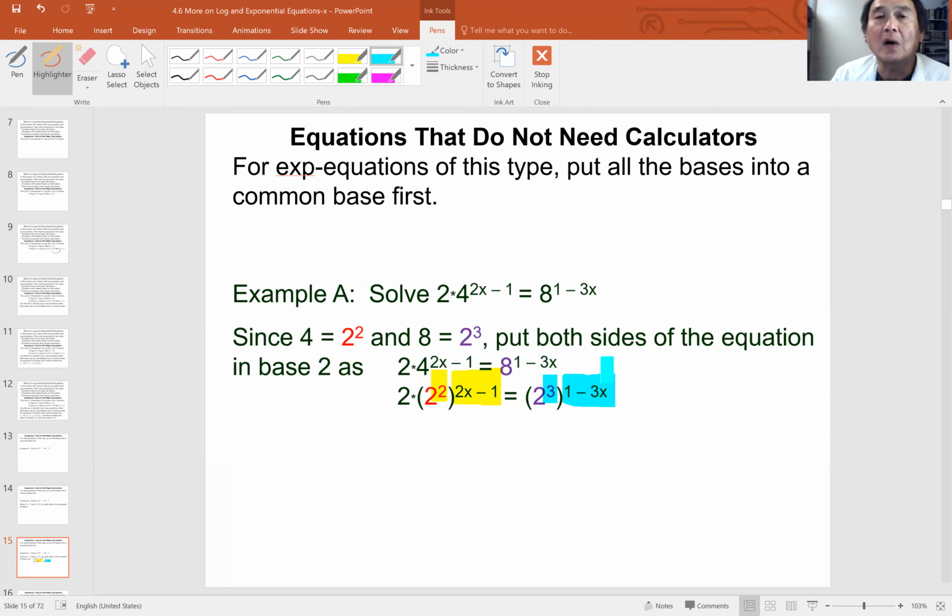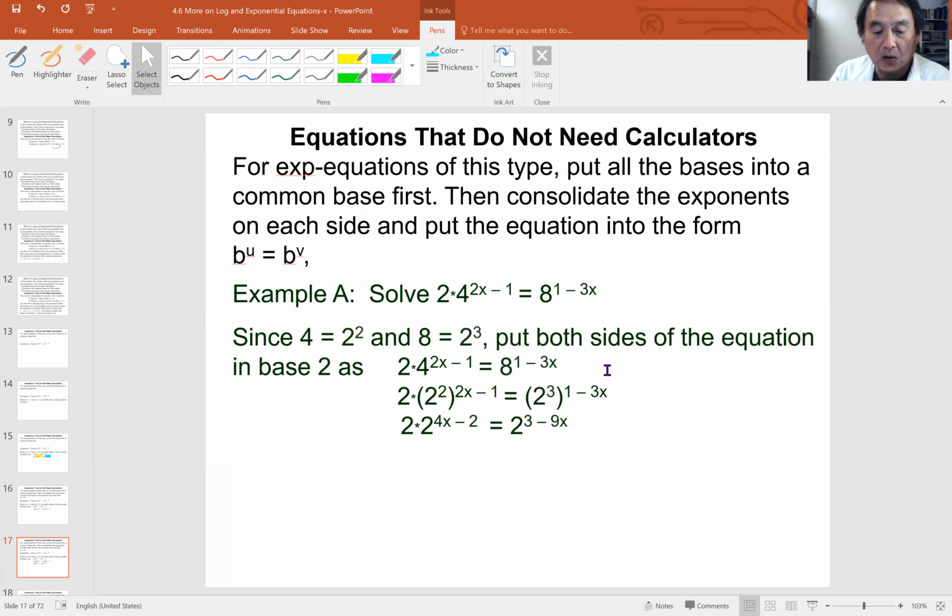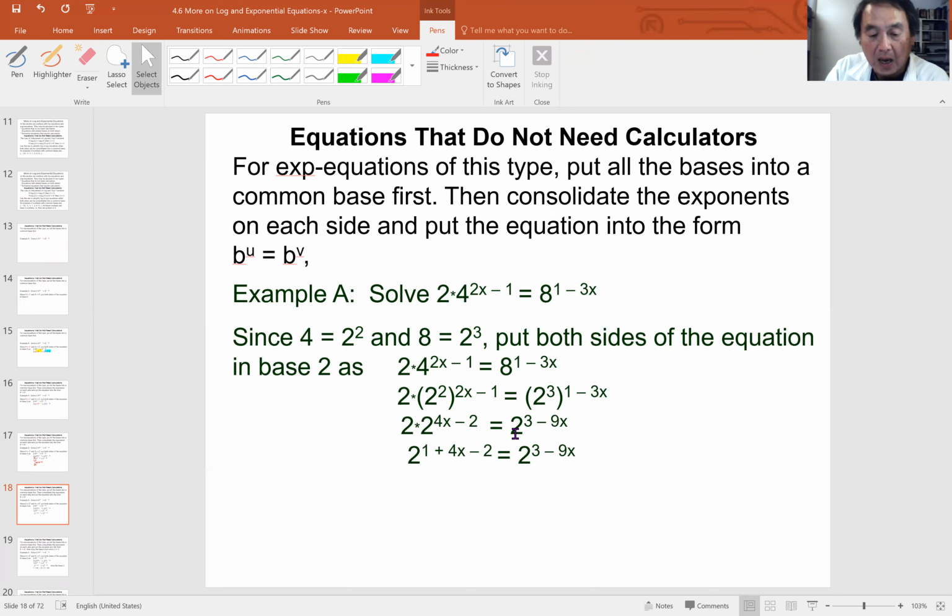Well, power to a power, I can multiply them, so those can be collected into 2 to the 4x minus 2, then 2 to the 3 minus 9x. But the 2 in the front is 2 to the first power. So 2 times these, I add the powers, so this will be 4x minus 2 plus 1.